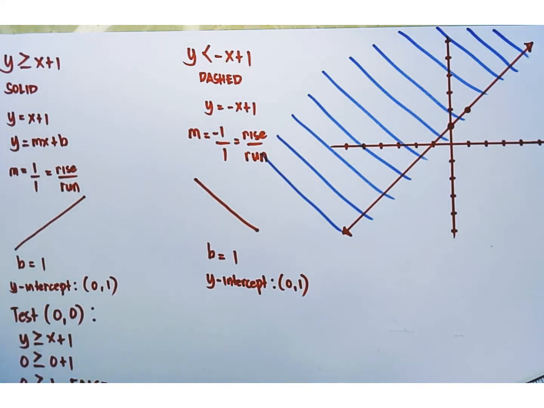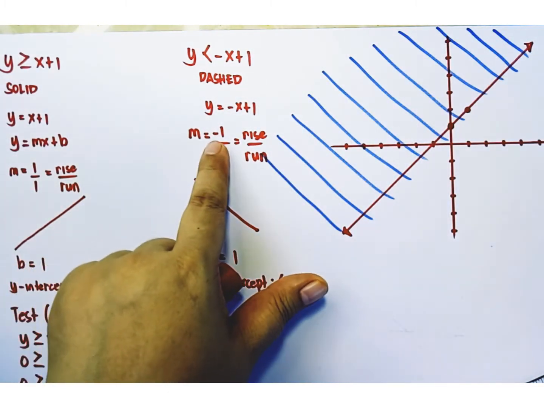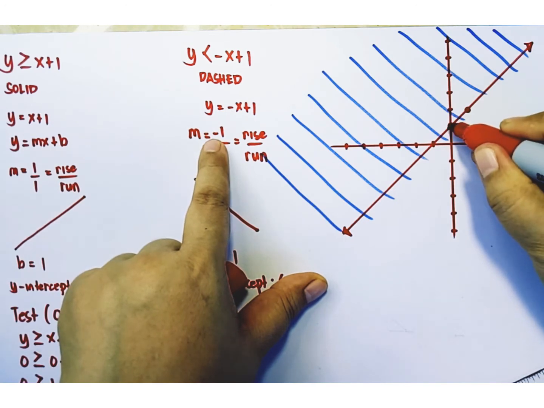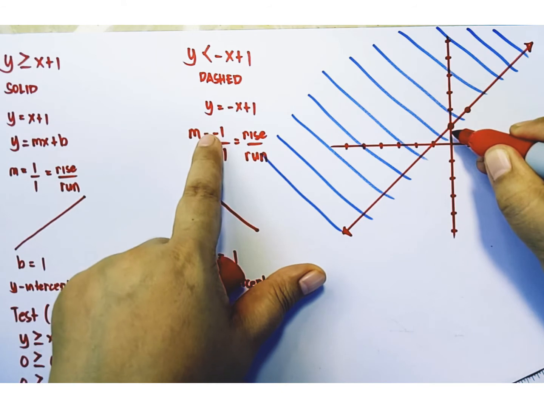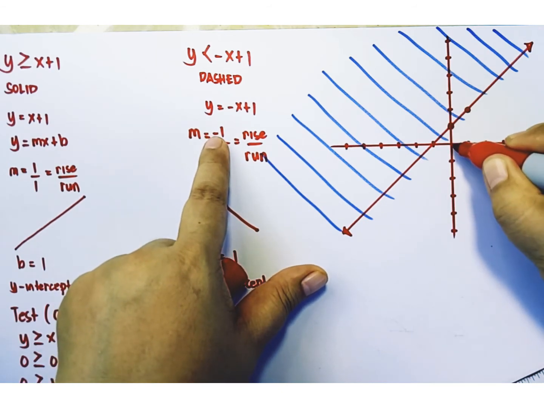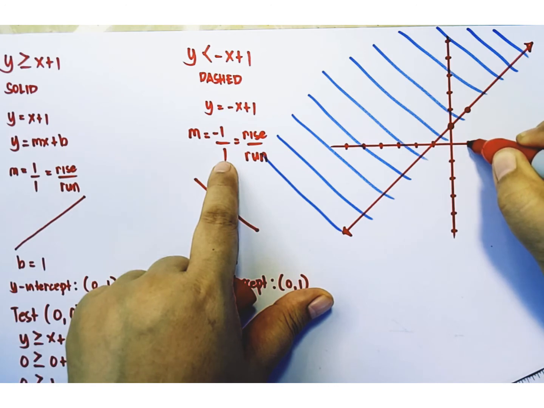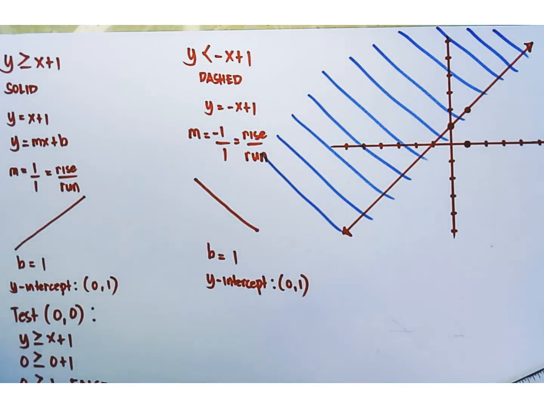Okay? For the second point, we have to use the value of the slope, negative 1. So, from this point, move 1 unit down for negative, then 1 unit run. This is the second point.